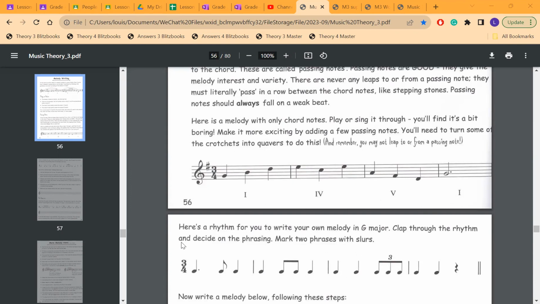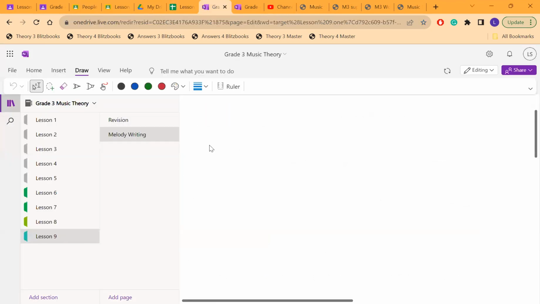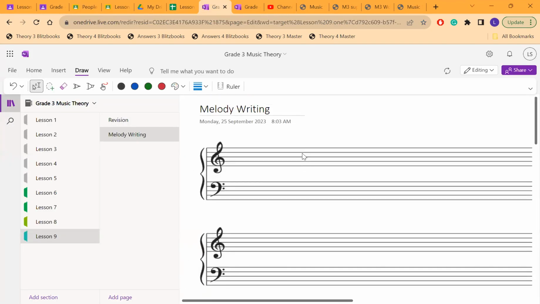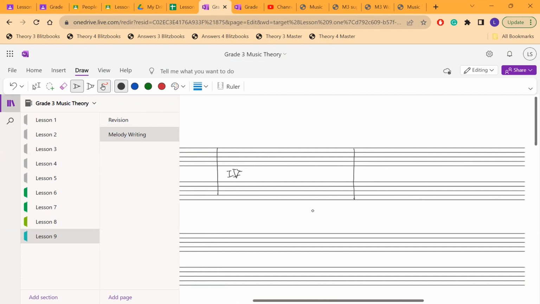So if we were to do this, let's do G major, 1, 4, 5.